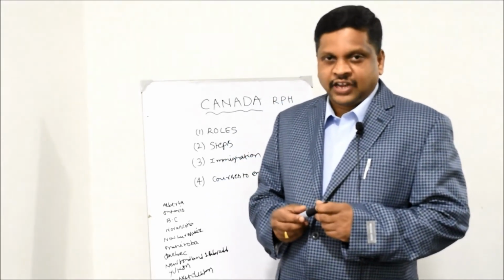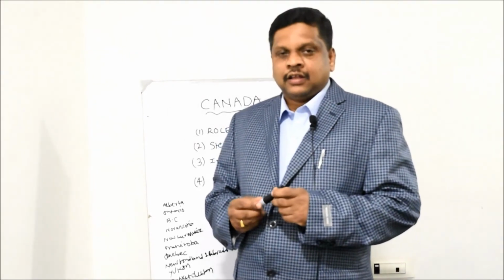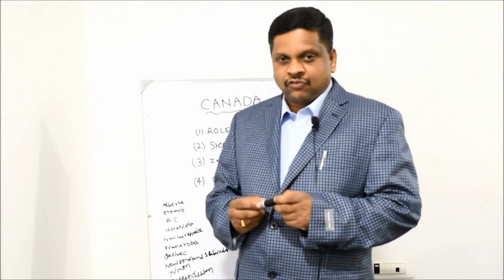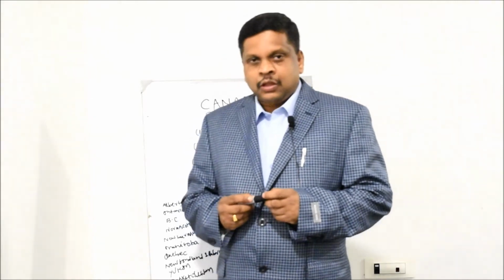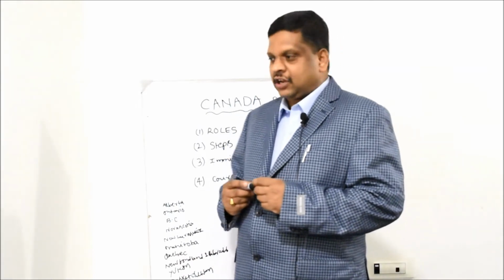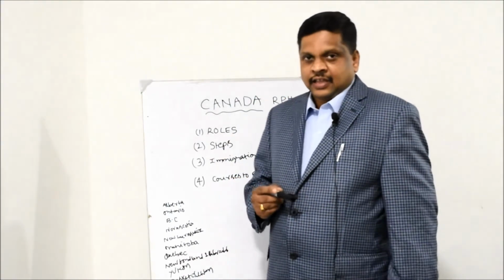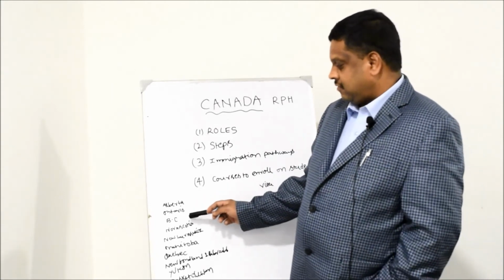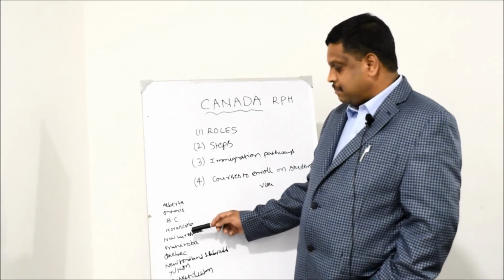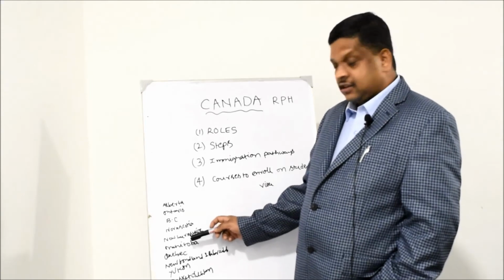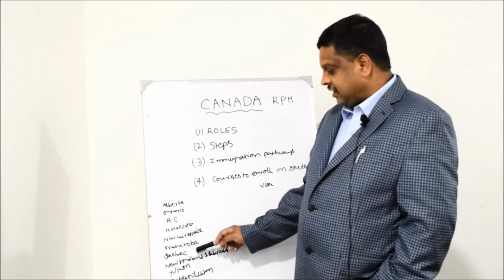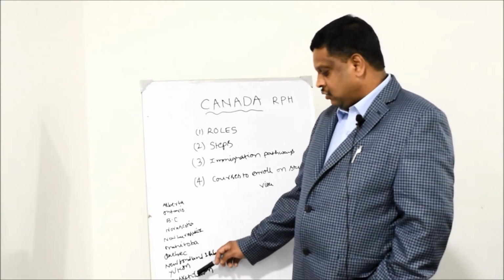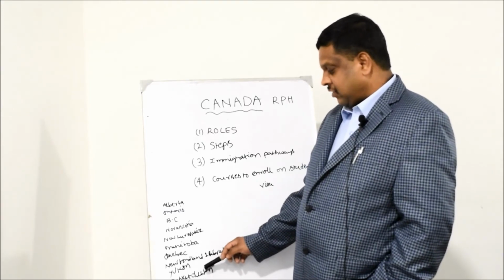So once you finish the MCQ and the OSCE part, you can go to the provincial examination part, which is administered by the provincial colleges of pharmacy. In Canada, there are 10 provinces: Alberta, Ontario, British Columbia, Nova Scotia, New Brunswick, Manitoba, Quebec, Yukon, and Saskatchewan.